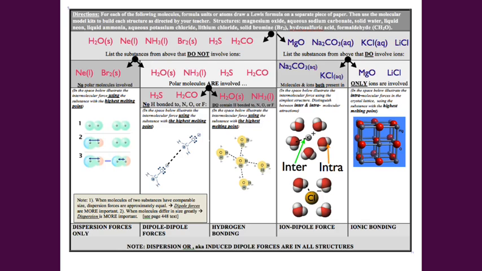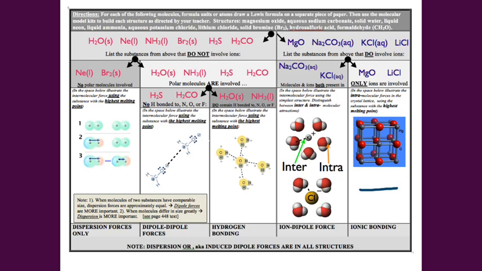Okay, so right here you were asked to draw a picture of the crystal lattice for the substance which had the highest lattice energy or melting point, and that would be magnesium oxide because of the charges.